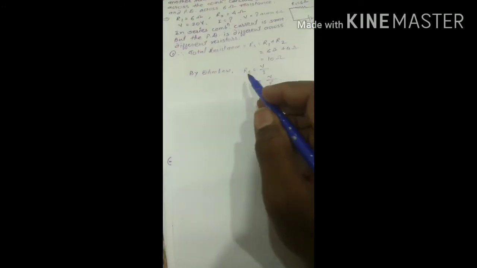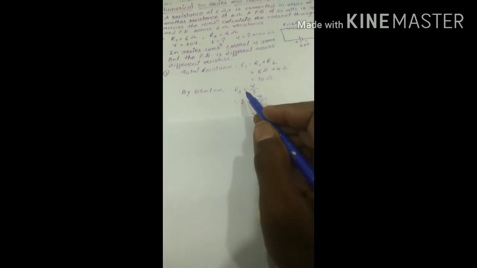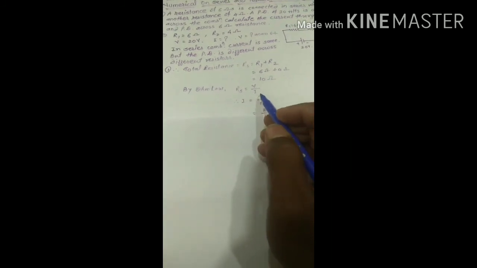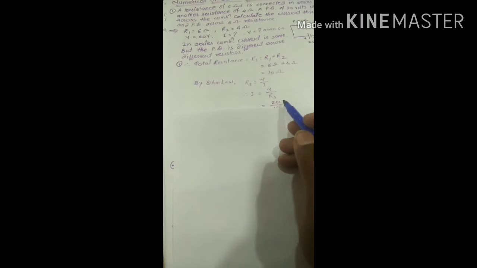Now, we got the total resistance, and the current is the same. To find the current we use Ohm's law. What is Ohm's law? R equals V by I. But R is the total resistance, so we will take Rs here. So Rs equals V by I, so I equals V by Rs.